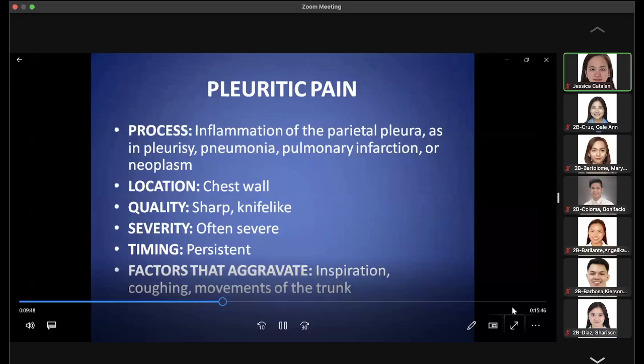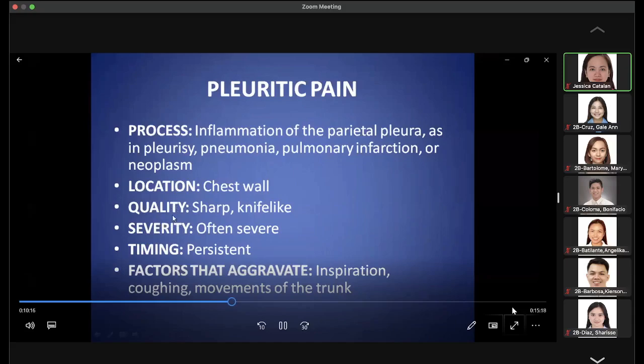Next symptom is pleuritic pain. Pleuritic pain may come from the inflammation of the parietal pleura, as in a case of pleurisy, pneumonia, pulmonary infarction, or a malignancy. Common location is the chest wall or at the back.